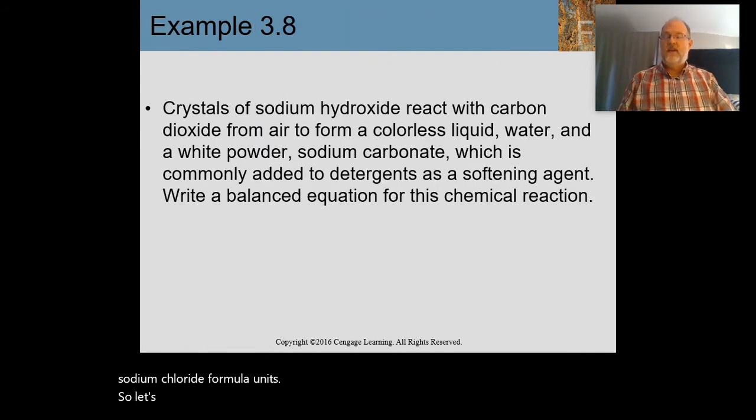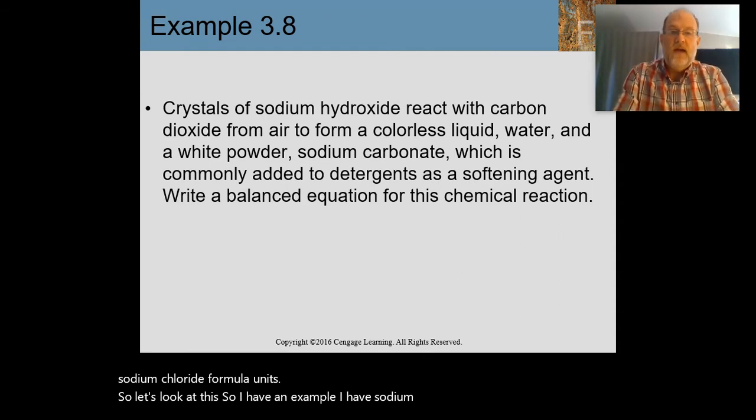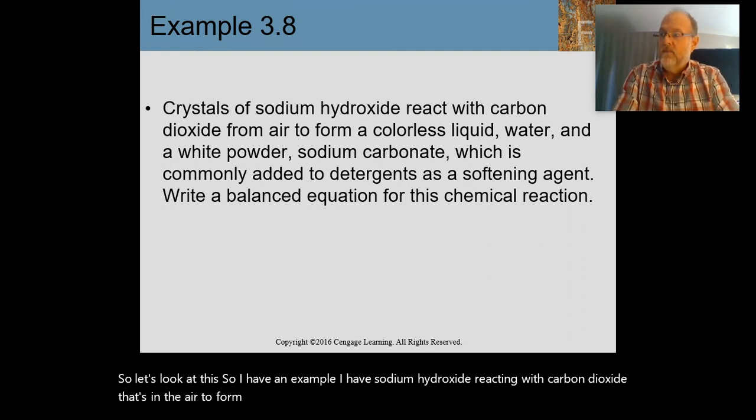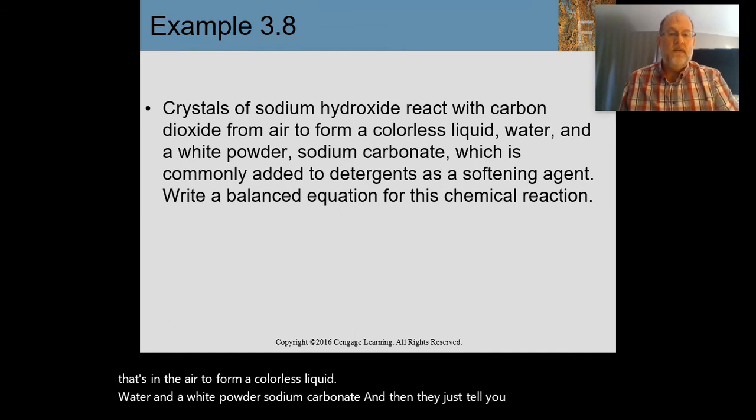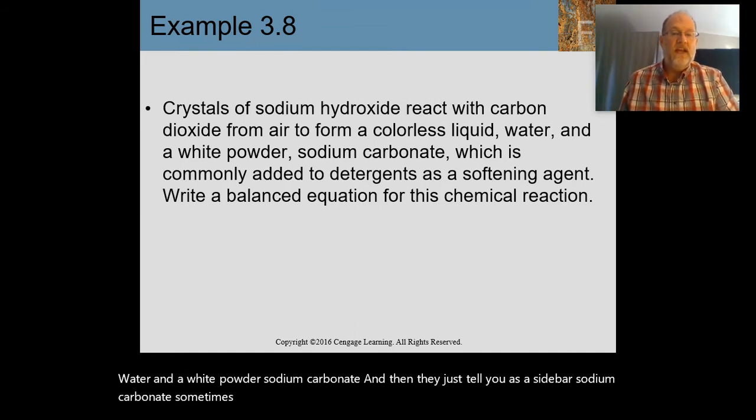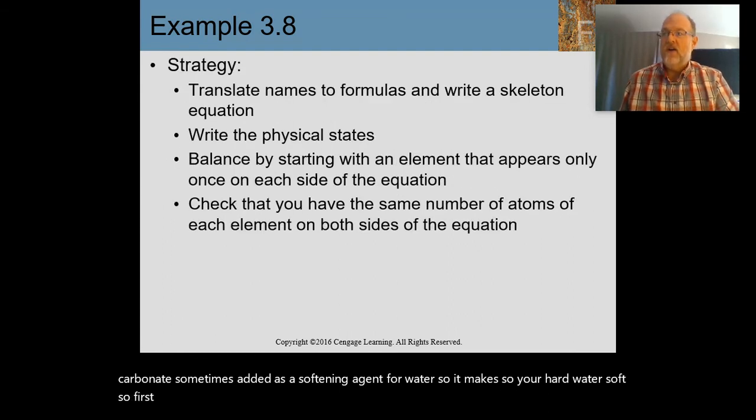So here's an example. I have sodium hydroxide reacting with carbon dioxide in the air to form a colorless liquid, water, and a white powder, sodium carbonate. And then they just tell you as a sidebar, sodium carbonate is sometimes added as a softening agent for water, so it makes your hard water soft. So the first thing we need to do is translate all the names to formulas and write a skeletal equation.